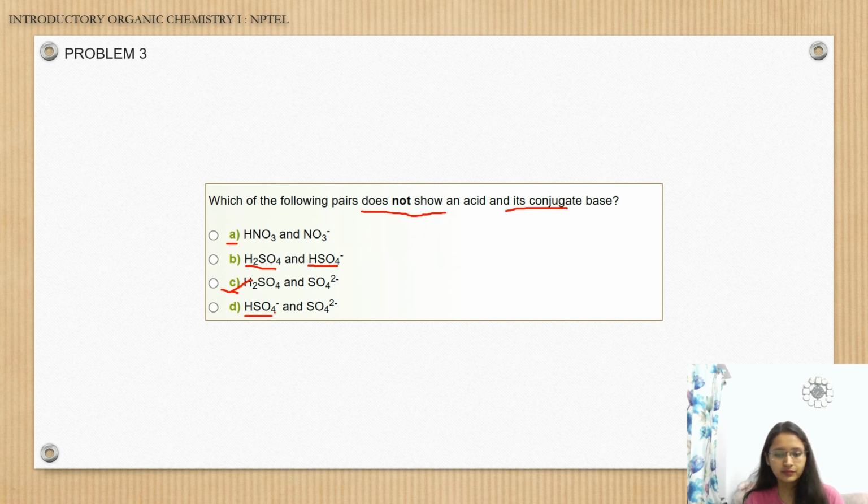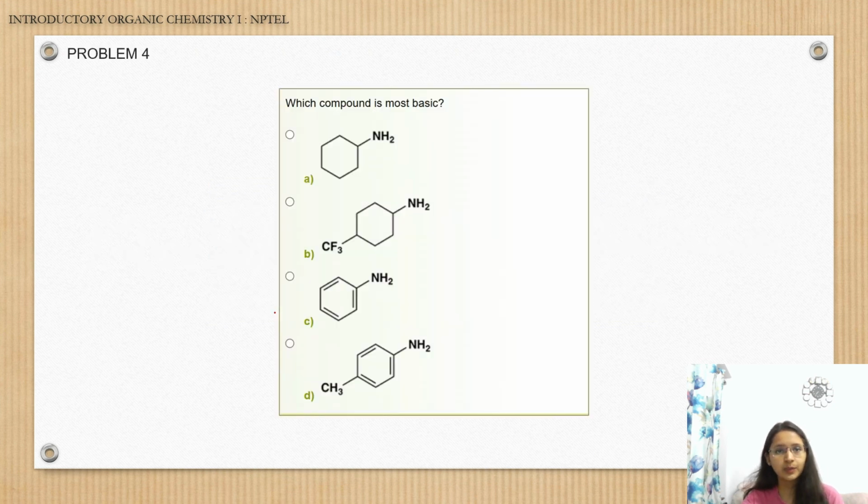Any doubts, any query regarding this, please ask me right now. Okay, if not, then we will proceed further. Coming to problem number 4. Here they are asking which compound is most basic. See, the most basic compound you have to find out. To find the most basicity in a compound, what will you see? Here nitrogen has a lone pair in all the cases, right?